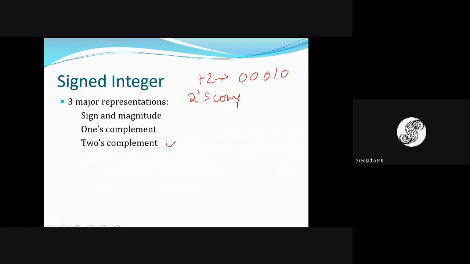The procedure to find the 2's complement is: find the 1's complement and add plus 1 to it. So that gives the 2's complement of any binary string.